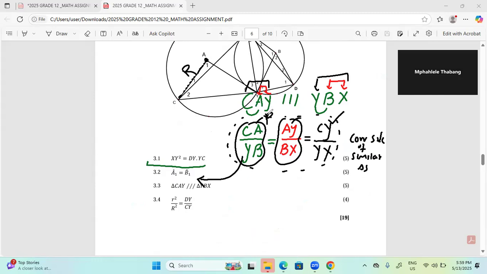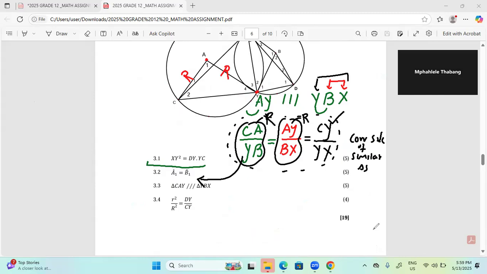CA is capital letter R, and AY is also R because the distance from A to Y is still the radius. So I'm still confused which one to pick because both of them can give me capital letter R.